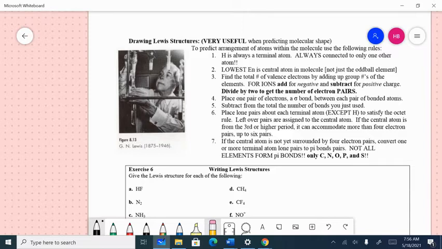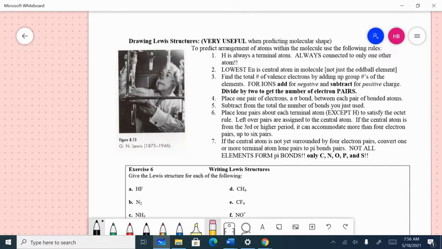So you draw the central atom surrounded by the other elements in the compound. You bond them together with a single bond, and remembering that every single bond is 2 electrons, you add up the number of electrons that you have used. Next step is you satisfy the outside atoms with the number of electrons that they want.